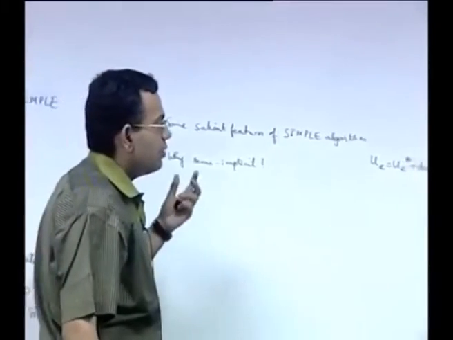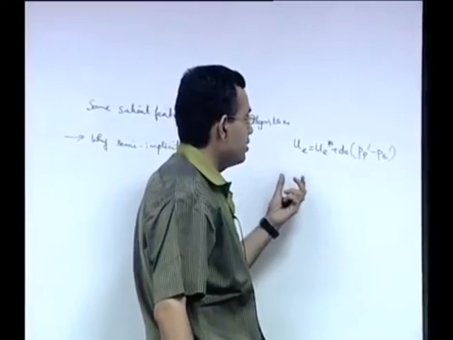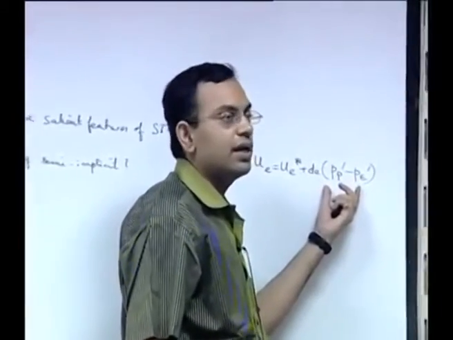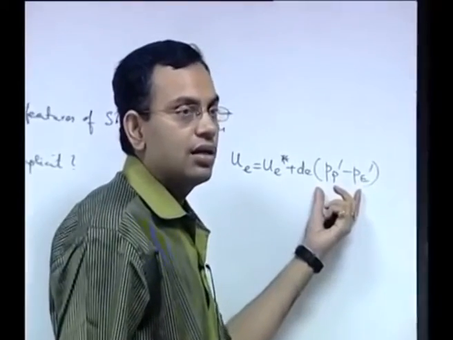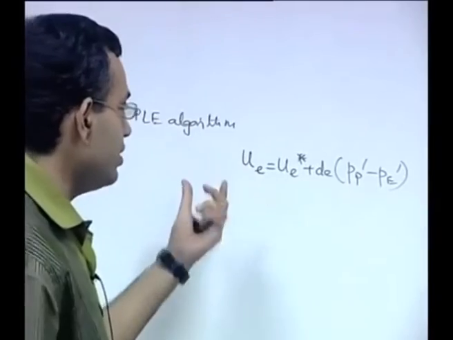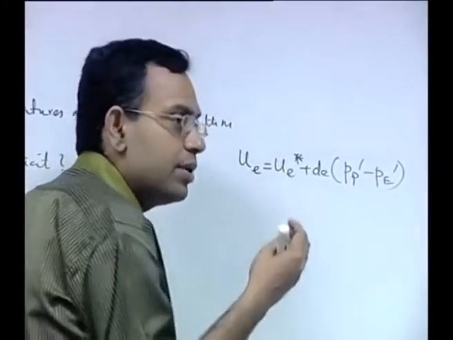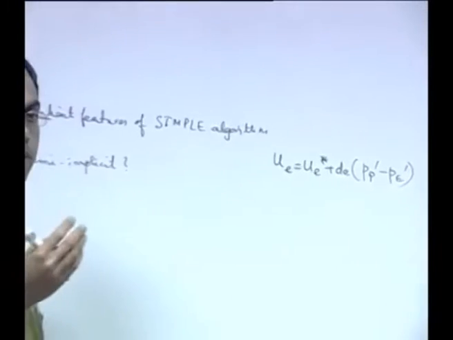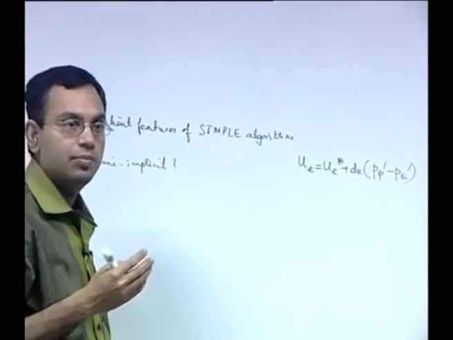So, in that way the pressure correction carries the sole burden of correcting the velocity. The velocity correction could in principle be a combination of velocity correction due to neighboring grid points plus pressure correction due to neighboring grid points.